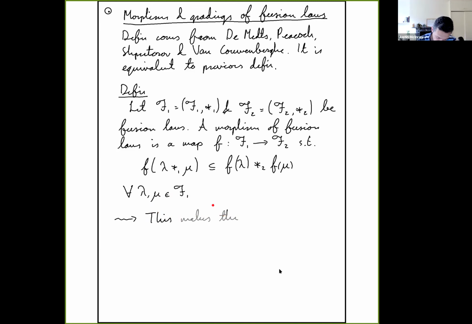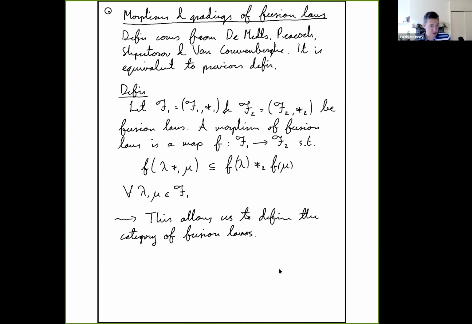Obviously here the objects are going to be fusion laws, and the morphisms between fusion laws are going to be the morphisms in the category.